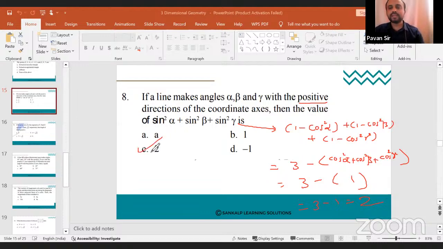Option C is the answer. Option C is the correct answer. Next question.